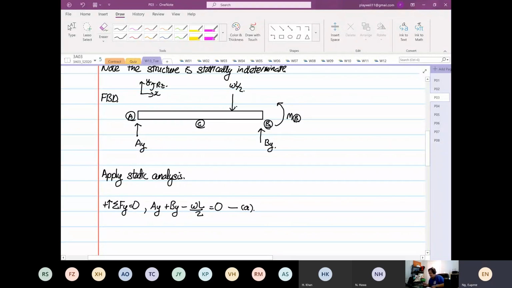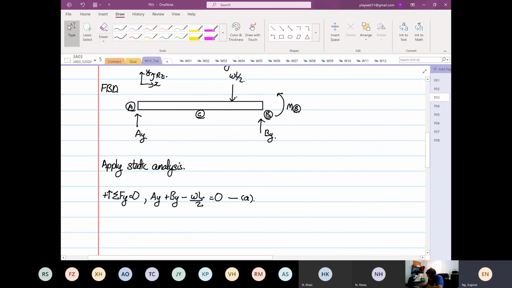Then you say, okay, fine, I'm going to take moment about point A. So we take summation of moment about Z. I'll change my mind, I'll take point B. This is equal to 0.